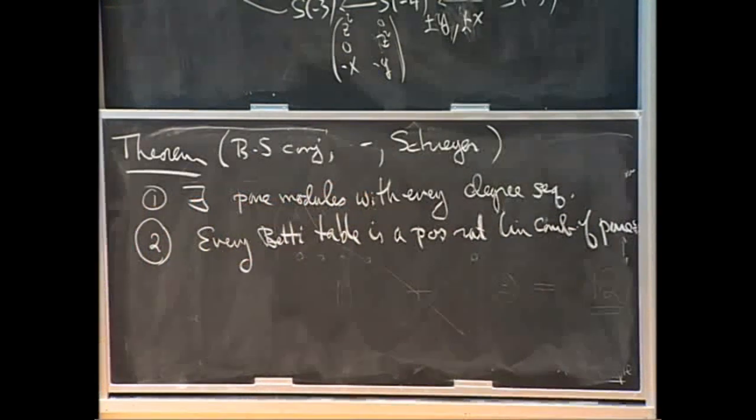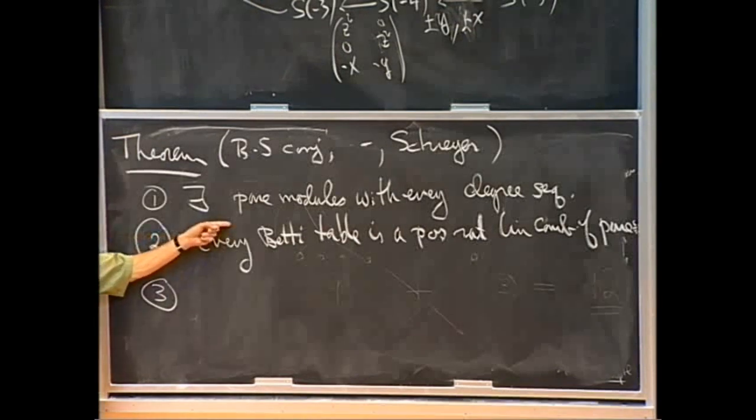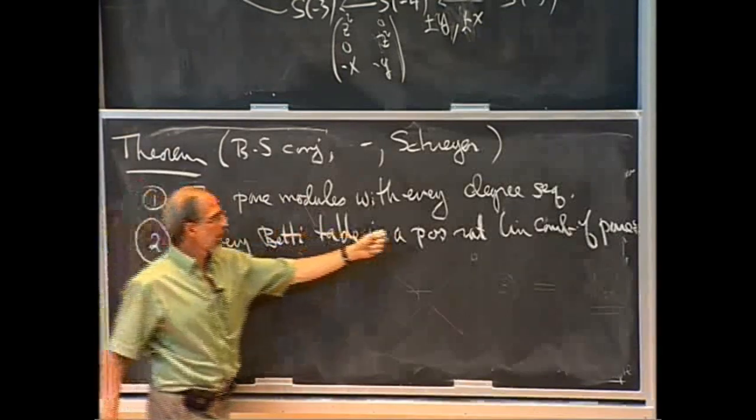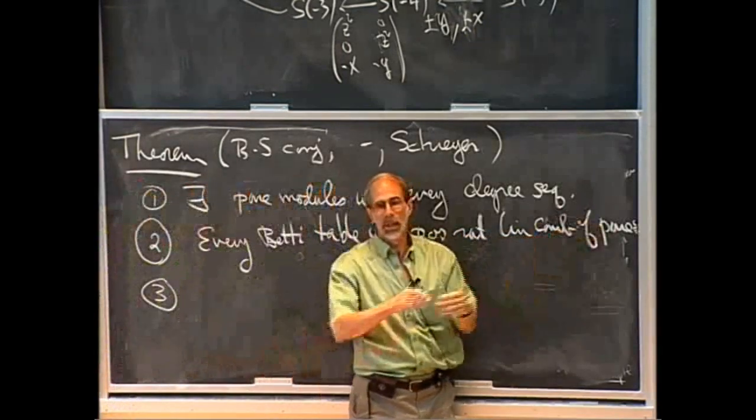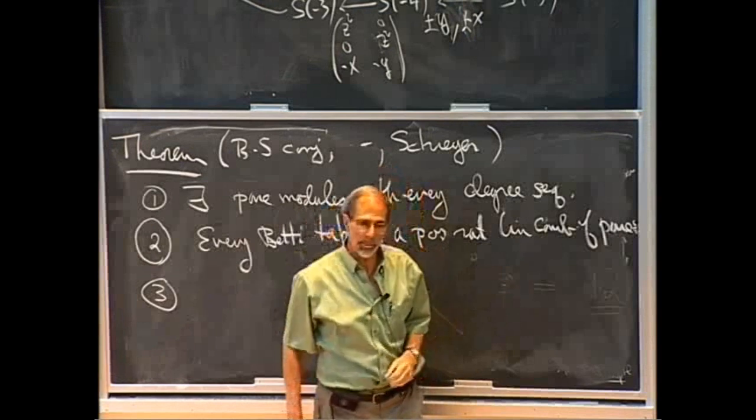So far, I don't really have any excuse for giving this talk in this venue because fans and things haven't appeared. But actually, there is a fan lurking. And one way to let it appear is to say what is really a more refined version of number 2, which is that this expression in 2 is unique if you insist that the pure Betti tables you work with for a given module occur in a totally ordered sequence.